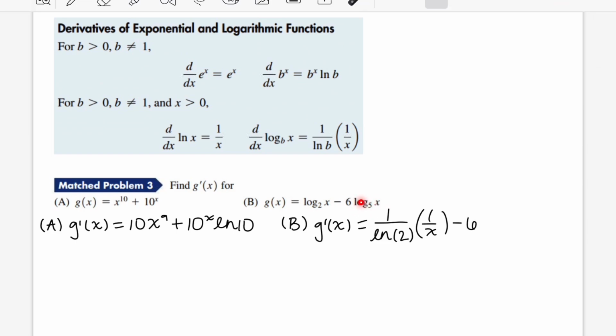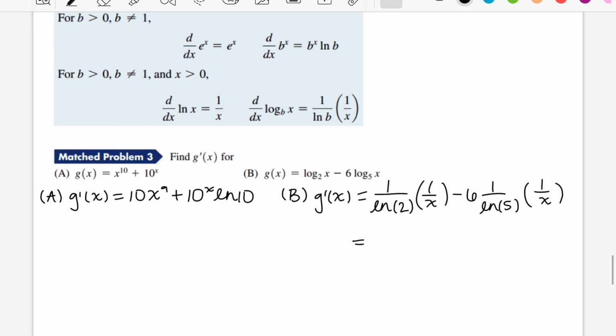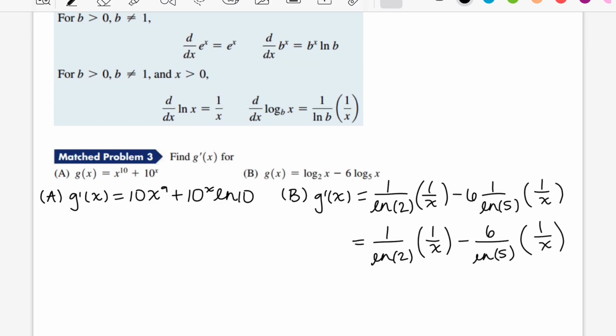Then we want to find the derivative of log base 5 of x. So again, using this property here, we get 1 over ln of 5 times 1 over x. All right. Simplifying this a little bit, we get 1 over ln 2 times 1 over x minus 6 over ln of 5 times 1 over x. All right, and that is our derivative for that one.